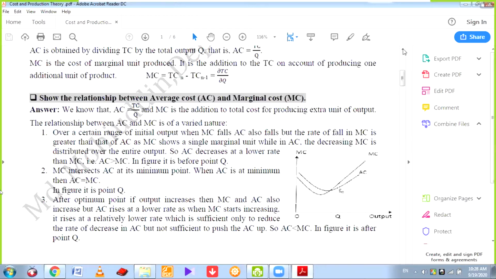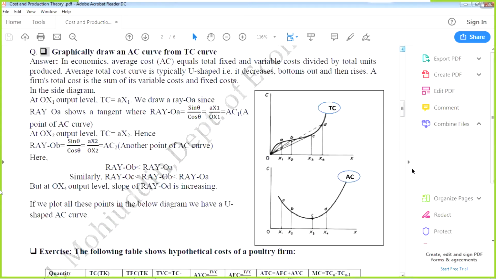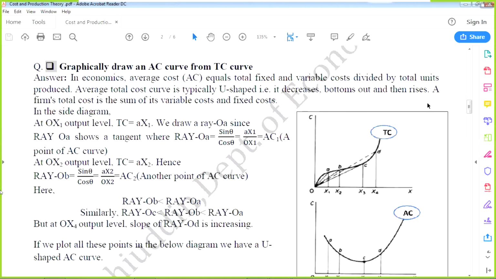So today we are going to discuss, at first, this one. Let me graphically draw an average cost curve from total cost curve.